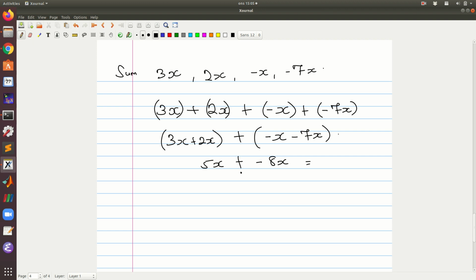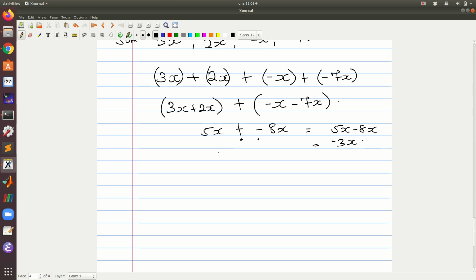We know that when you combine this operation here, a positive and a negative with different signs, you have 5x minus 8x, and then you have negative 3x. In the notes here they are saying someone could first carry out this operation to get 5x, and then you add the like terms, the negatives alone, which gives you 8.